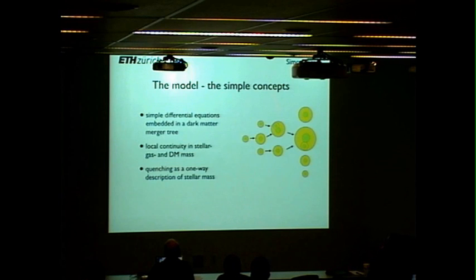So the model, the simple concept: simple differential equations embedded in a dark matter merger tree, which basically allows us to perform these calculations over the entire age of the universe. The main thing is the local continuity in stellar, gas, and dark matter. For every single galaxy, every single halo, we enforce continuity. And we apply quenching as a one-way process.